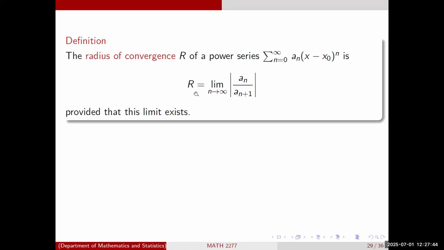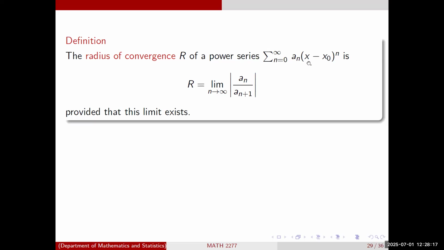What's the worst case scenario? Notice if you set x equal x0, this term will become x0 minus x0, which is 0. So you'll get an multiplied by 0, and anything multiplied by 0 is 0. So at x equal x0, you are just summing together zeros, which of course is convergent. It's a series that is equal to 0.